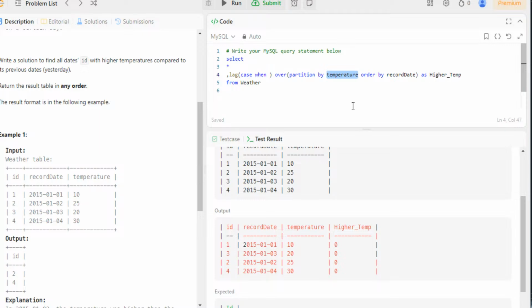Yep, order by date. Order by record date. I knew I needed to do this. No, partition.